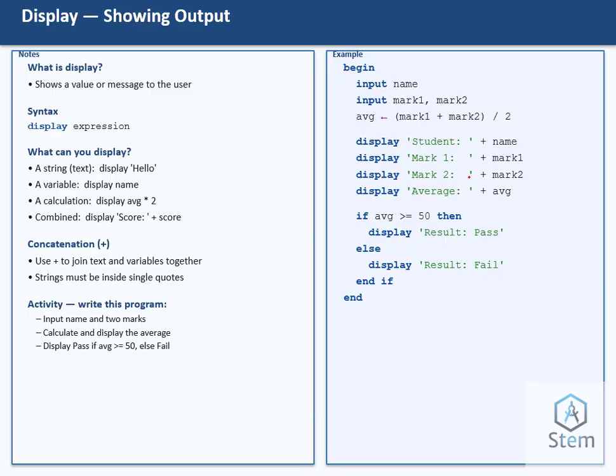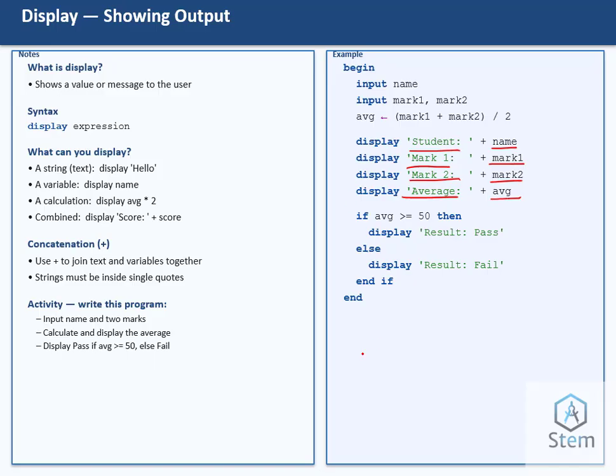Then display. Display is used when you want to output or display some information. So we are going to display student, maybe Joe. Mark 1, 98. Mark 2, 95. Average, whatever you get there.